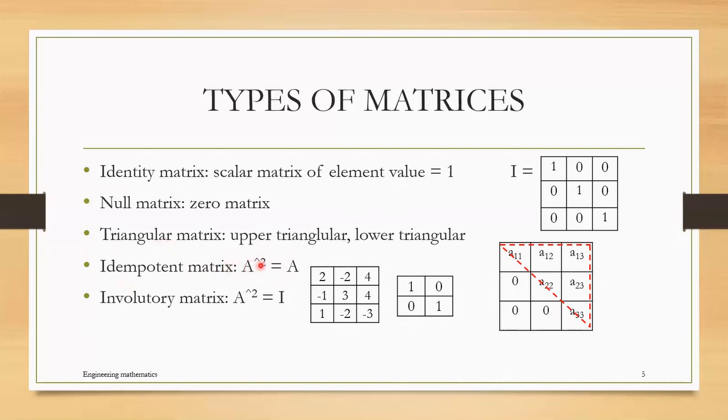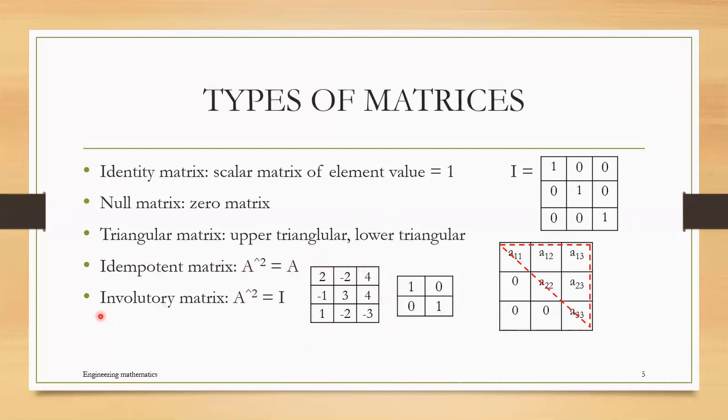A squared represents here A into A, or multiplication of A matrix into A matrix, which will give us A simply. So these two matrices are examples of idempotent matrices. I'll show these multiplications in coming videos, when we learn about the multiplication of matrices, we will do this also.